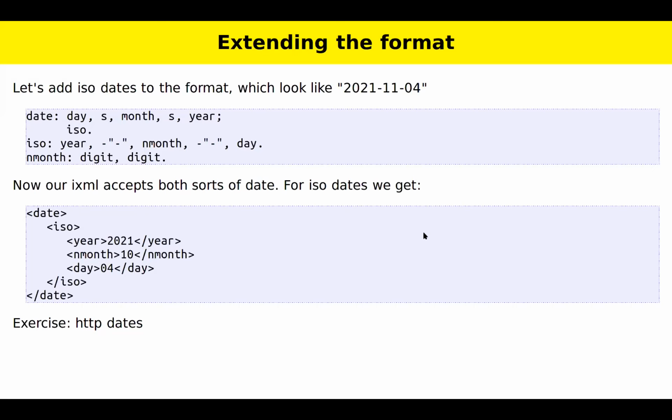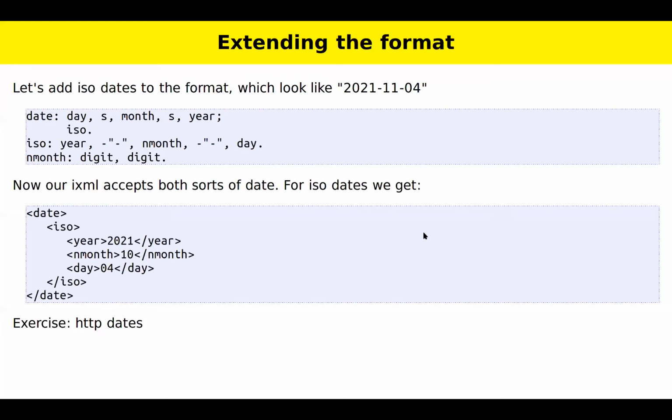N month because it's a numerical month, not an alphabetical month as in the first date. So a numerical month is just 2 digits, a digit followed by a digit. Now the ixml accepts both sorts of dates, so it recognizes which one it is and produces the output for the one that it discovers.